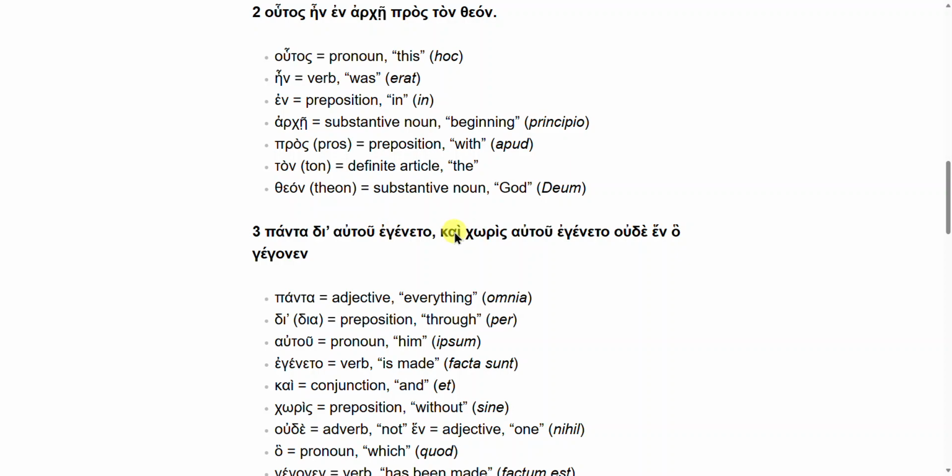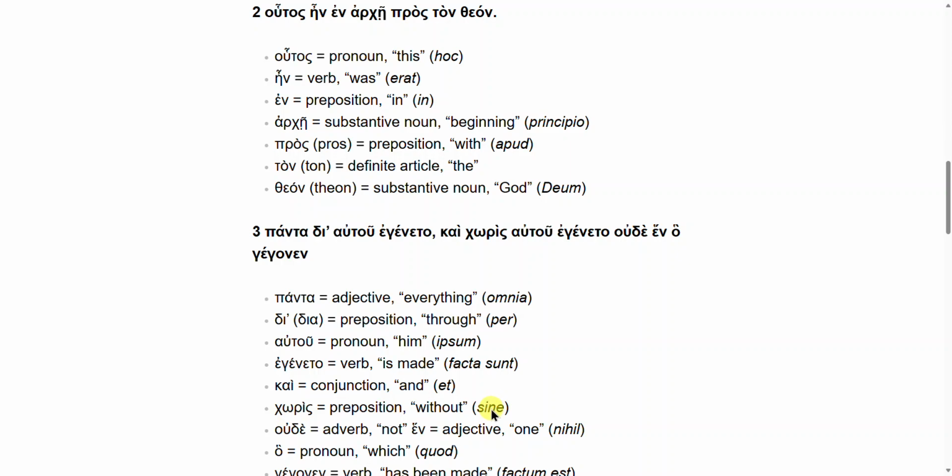We then have the conjunction kai again, which we've seen several times. Kai, and. Then we have choris, chi, omega, rho, iota, and final sigma. Choris is a preposition. We see it down here. A preposition equivalent to the Latin sine.